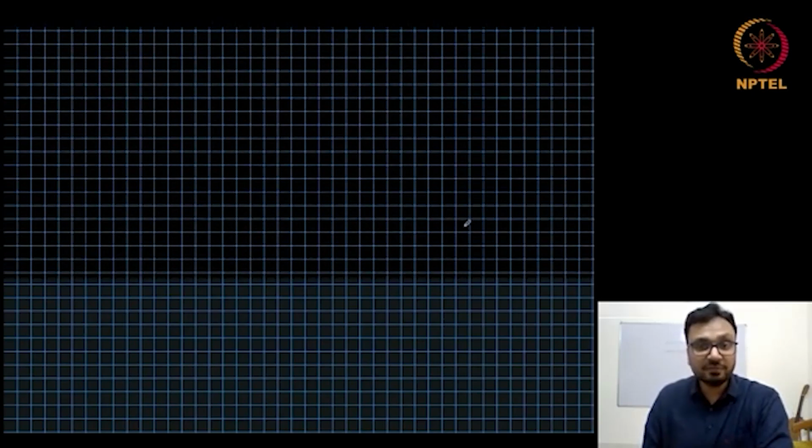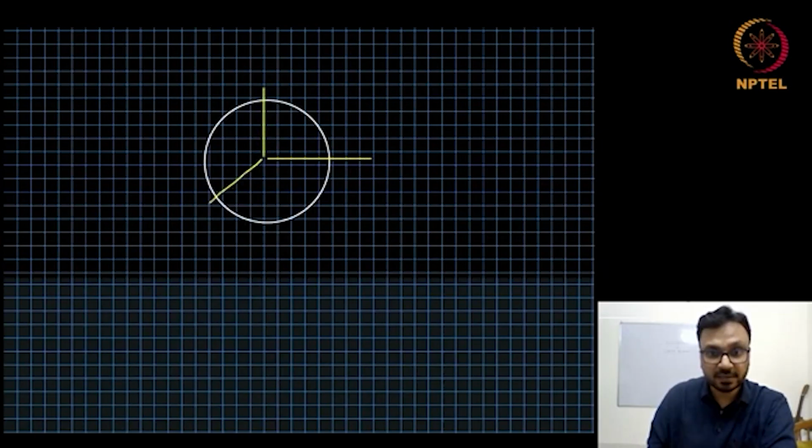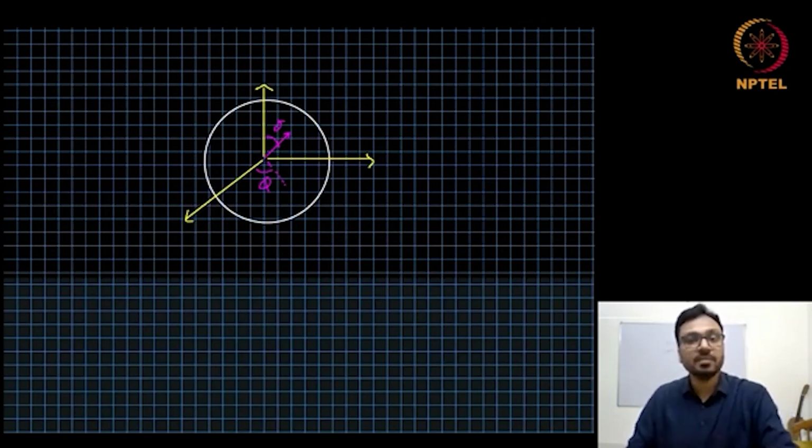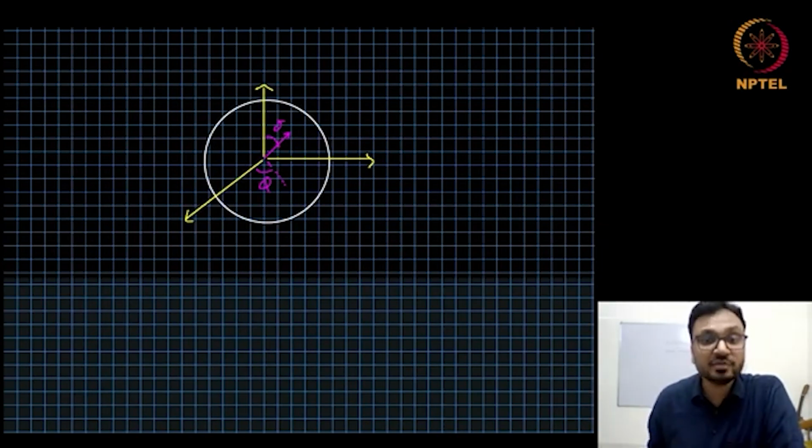Now if we look at the Bloch sphere, again let me draw the Bloch sphere, maybe a smaller one this time. The axes z, y, x. What we are interested in is a vector. This angle is theta. This is phi. The phi is the angle between the projection of the vector r in the xy plane.